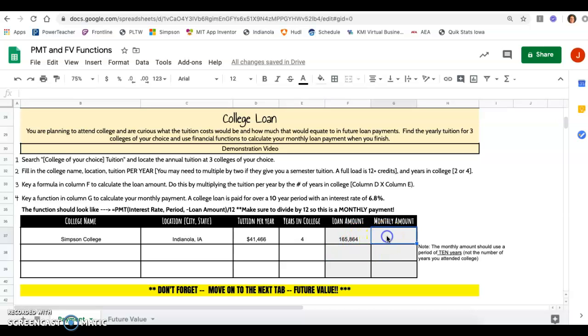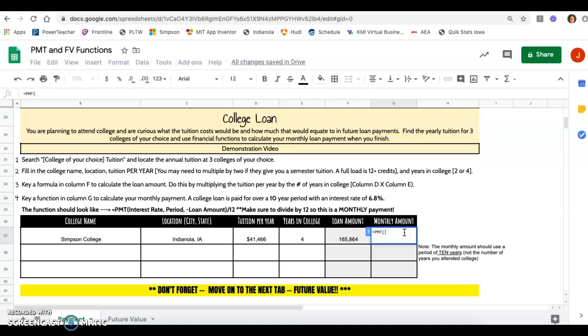$165,864. I'm going to determine now using our PMT function how much I'm going to pay a month for 10 years at 6.8%. So the first thing PMT asks you is the rate.